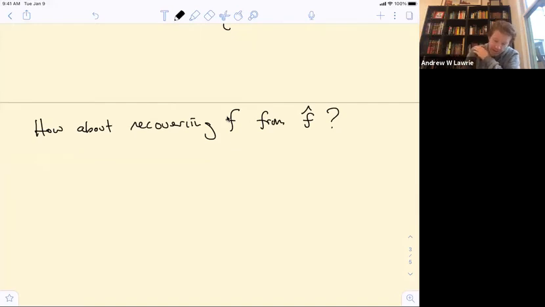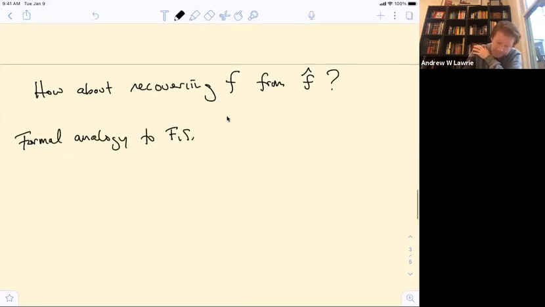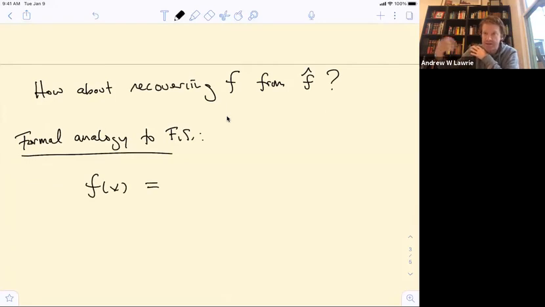So the formal analogy to Fourier series would just be writing f of x as the sum over all the Fourier coefficients, right?